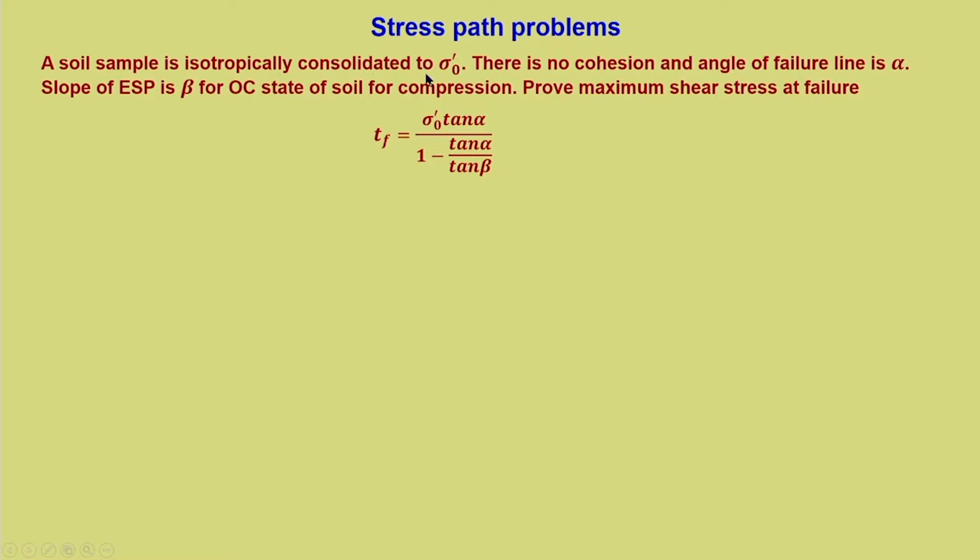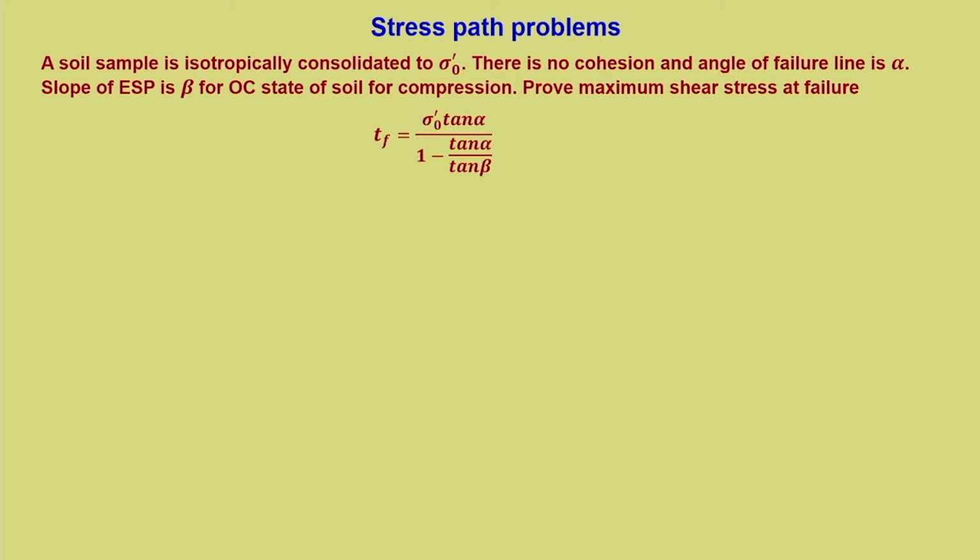It is isotropically consolidated, which means we know the starting point, and we need to first find out the slope of the ESP, the effective stress path, in a more general manner. Had it been the total stress path, we know the slope is 1:1, but since it is the effective stress path, we also need to take care of other aspects as well.